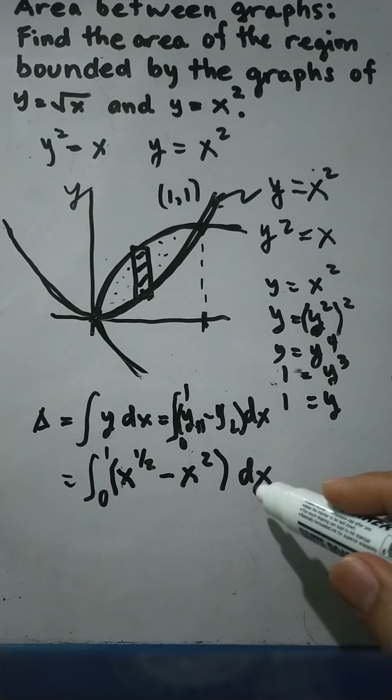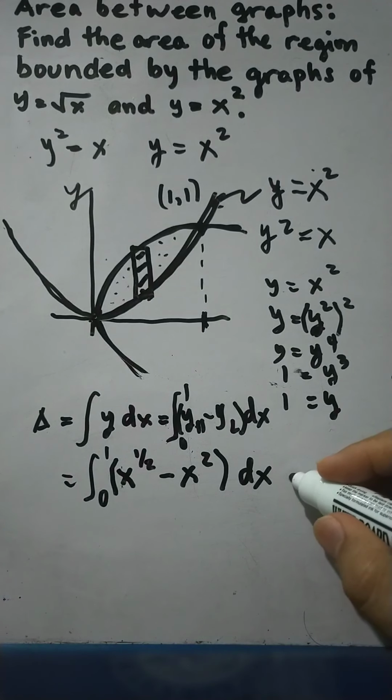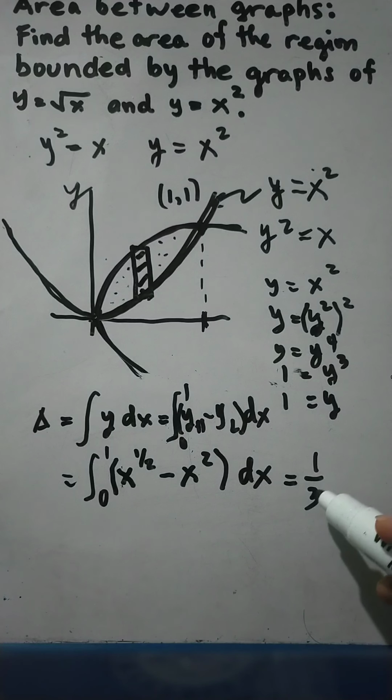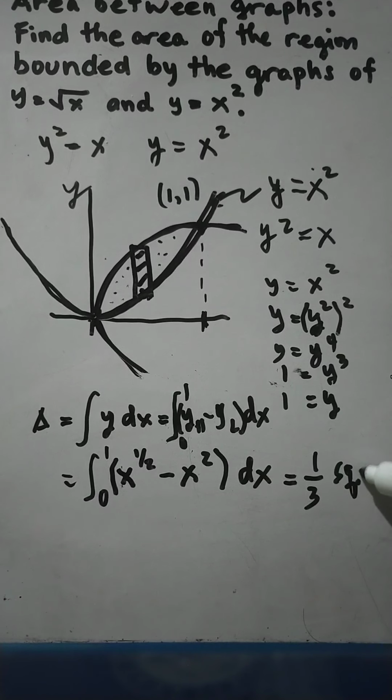If you are going to use your calculator, you will have your final answer, which is equivalent to 1/3. Using your calculator, you can find the value as 1/3 square units.